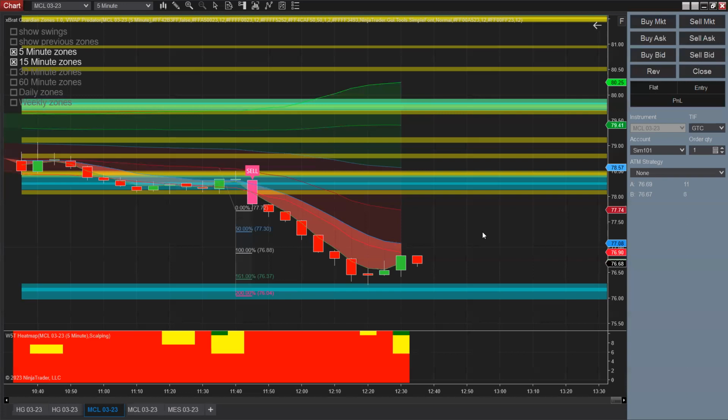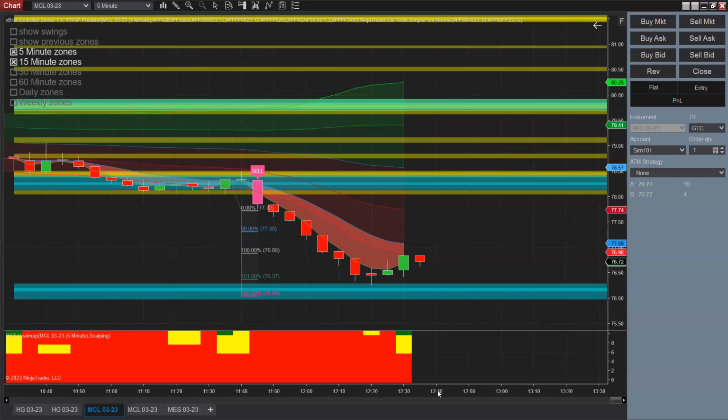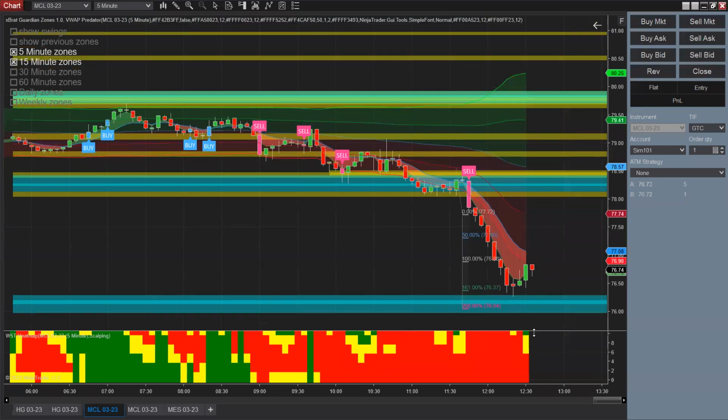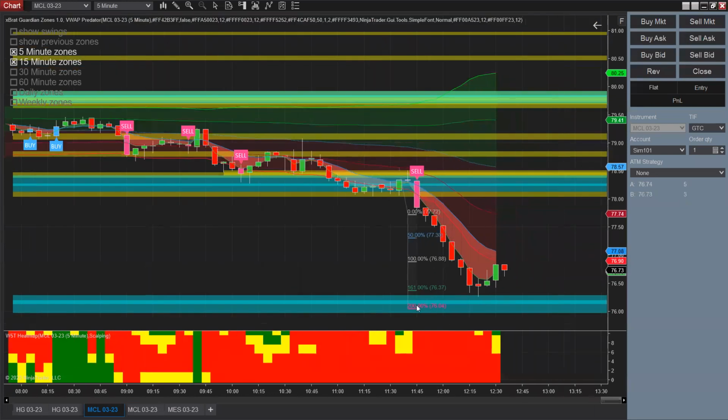And then if they are not tested, it will remove them. So this isn't voodoo or anything like that. This is what institutional traders do. And it's as simple as that.